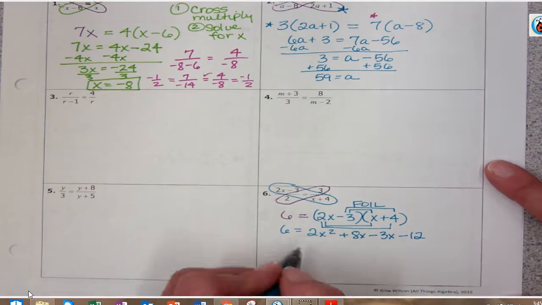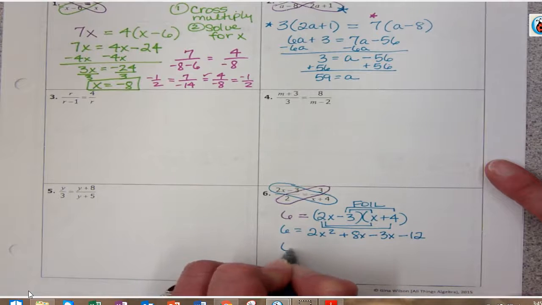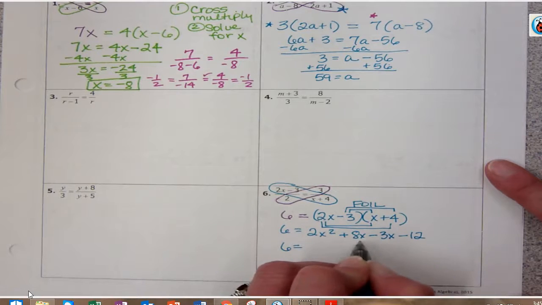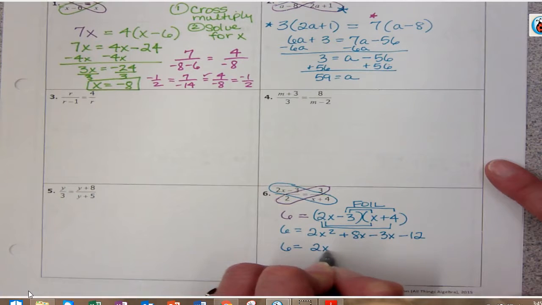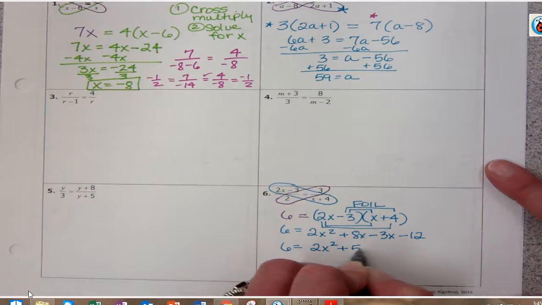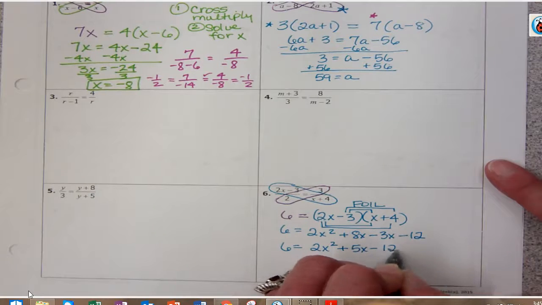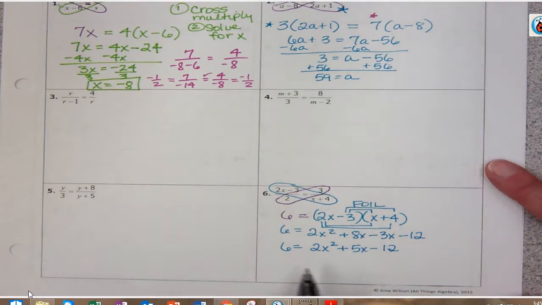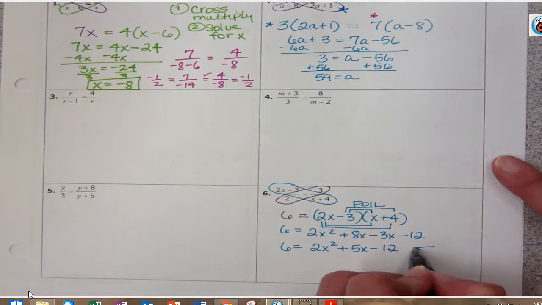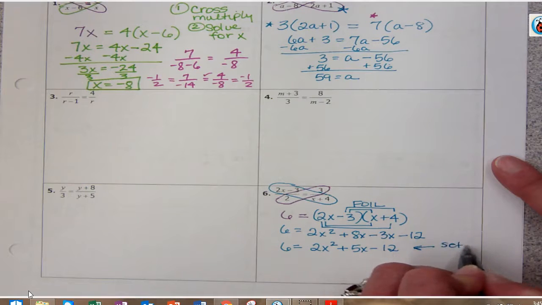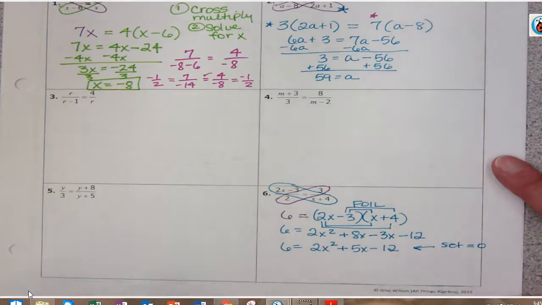All right. Now I'm going to combine my like terms. So I get 2x squared plus 5x minus 12. Now I've got to solve for x. But before I do that, I need to make sure that I set this equal to 0.